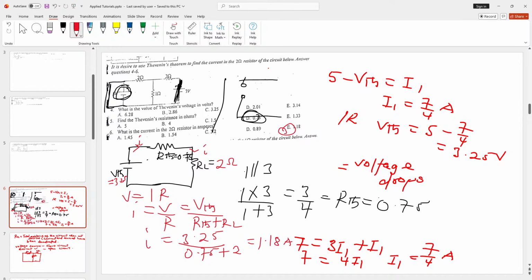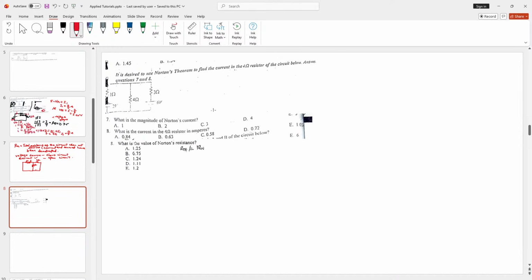Alright, so moving on. We are going to consider a question under Norton. So let's hurry. The question says it is desired, once again, you've been limited to use Norton's theorem. Not really a limitation, but it is desired to use Norton's theorem to find the current in the 4 ohm resistor of the circuit below.